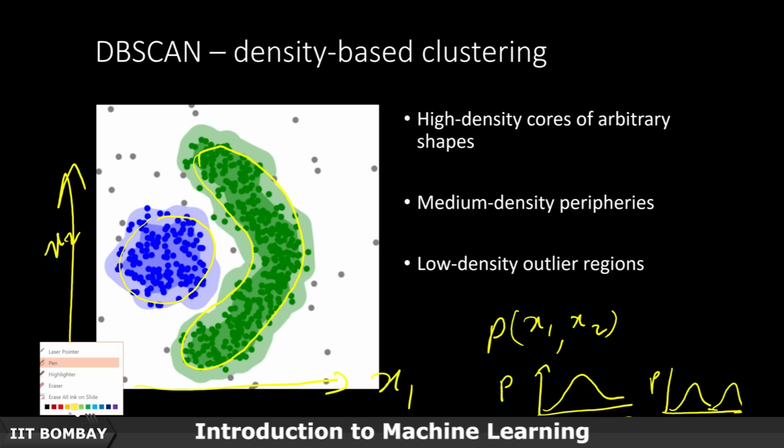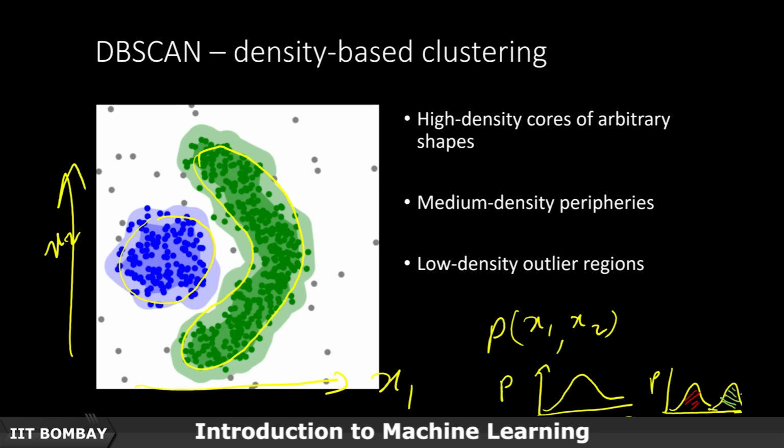We have a cluster of points that belong to this mode, and we have another cluster of points that belong to the other mode. Similarly in two dimensions we have two modes here, one is the green mode and the other is the blue mode that you see on the screen, and they belong to two different clusters. So what defines a cluster?